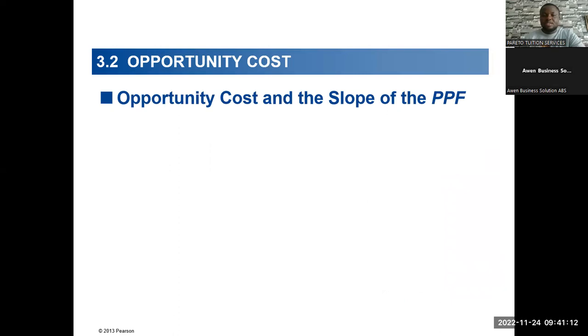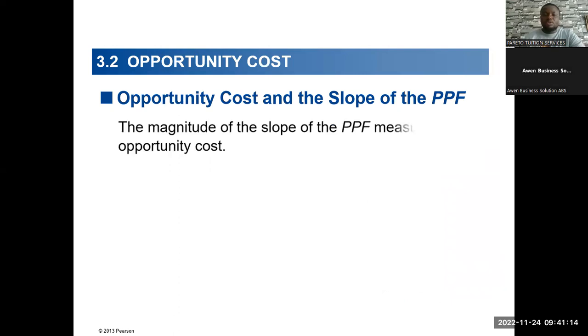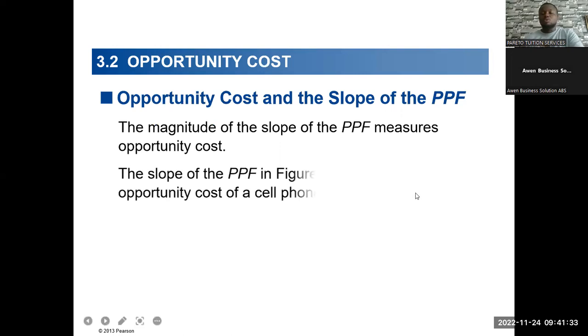All right, the opportunity cost and the slope of the PPF. As I've said already, it is the magnitude of the slope of the PPF that determines the opportunity cost. At any point on the PPF, the slope at that point is going to give you the opportunity cost of one good in terms of the other.